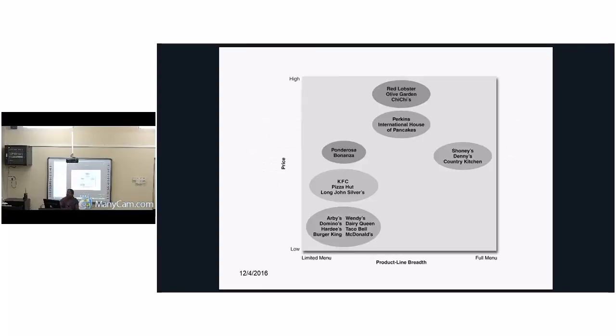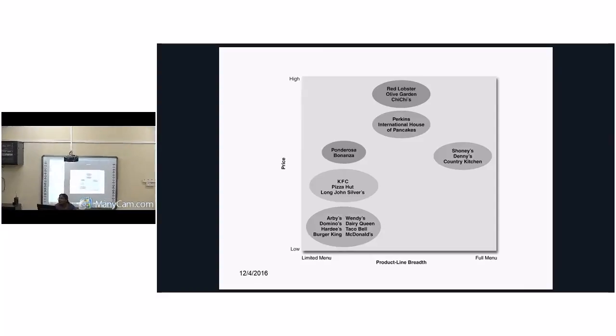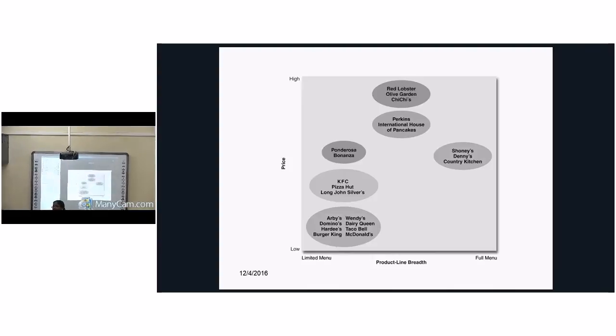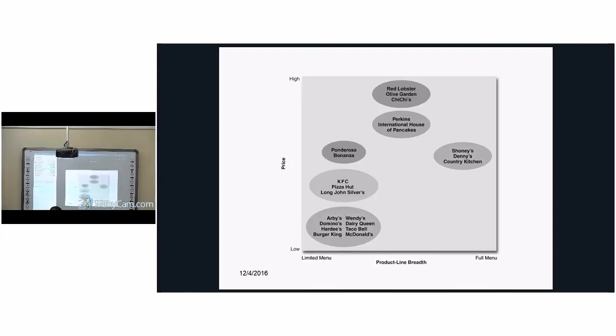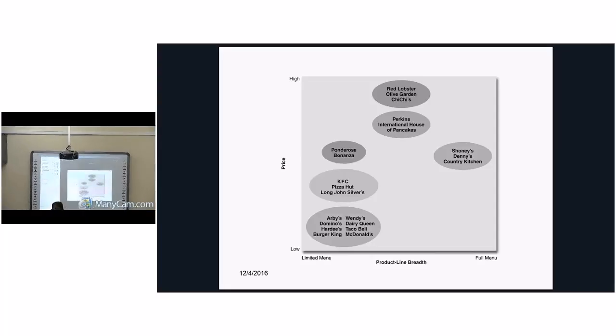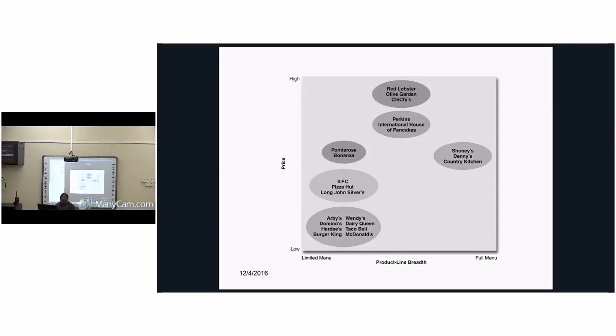So, this is one illustration. Based on the price and the product line length, you can categorize different competitors as strategic groups.